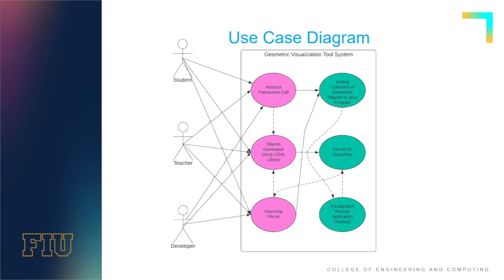Here we have a use case diagram with all the relevant actors. All the relevant actors can use the first use case, but what really becomes important is that this is the tool system and how these use cases interact from first and second. So we see the abstract framework can add collections, and also that the abstract framework can get objects from Seagull.